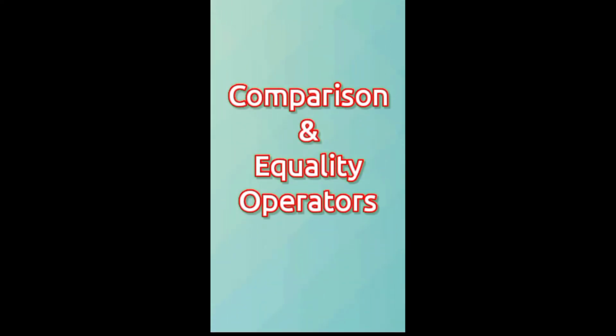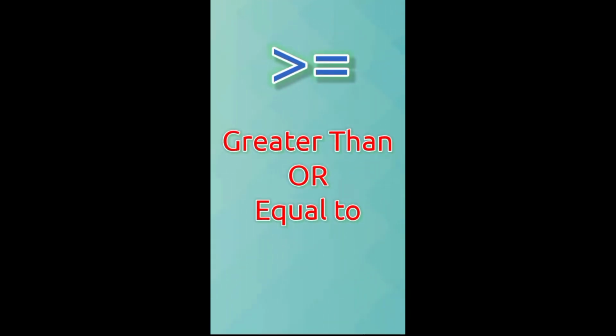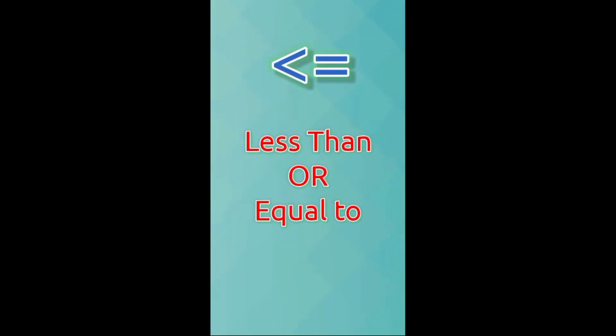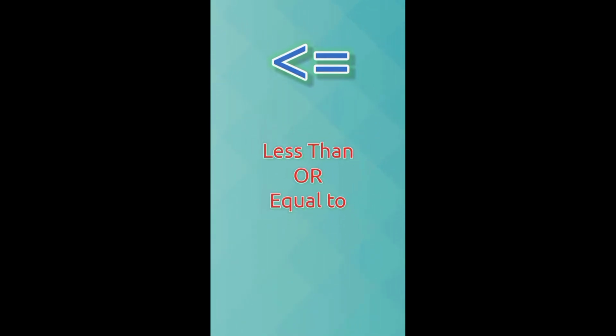Comparison and equality operators. This sign means greater than and this sign means less than. The greater than sign combined with equal means greater than or equal to. The less than sign combined with the equal sign means less than or equal to. Two equal signs mean is equal to.